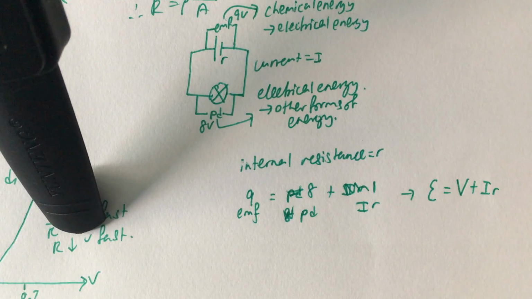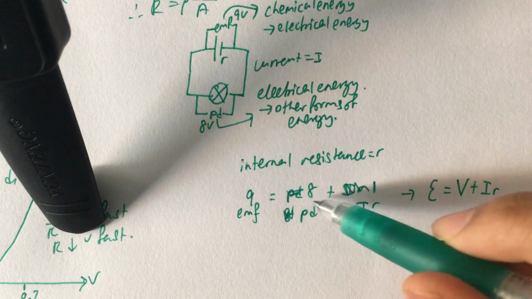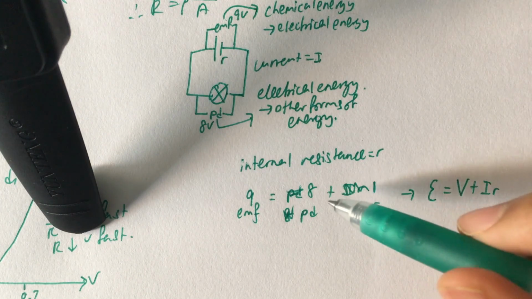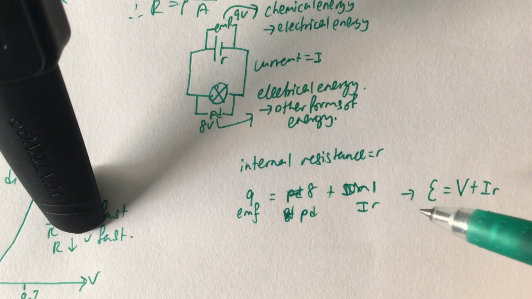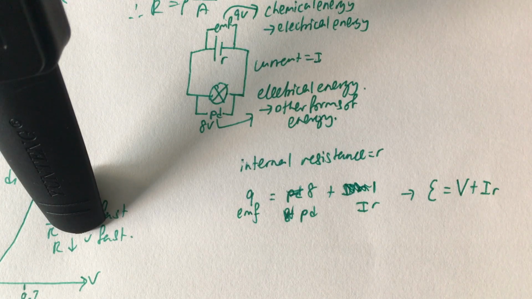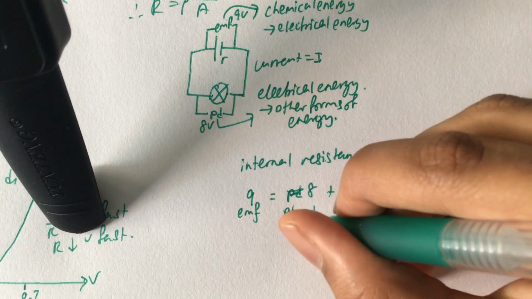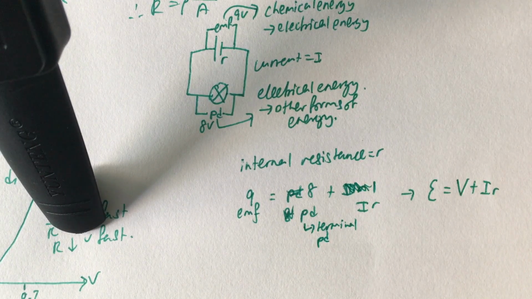That means that 1 volt is being used within the battery itself, and therefore the EMF of the battery, which is 9, equals the internal resistance times the current in the circuit, which gives you 1 volt, plus the potential difference of the light bulb. So just use that logic to solve the equations that you get based on what is there in the circuit.